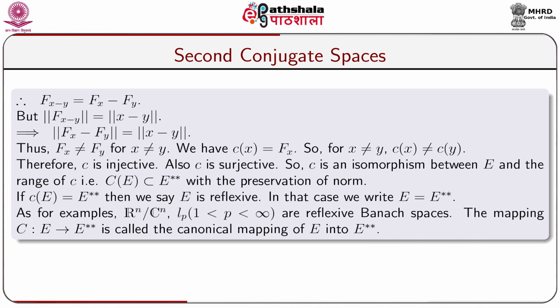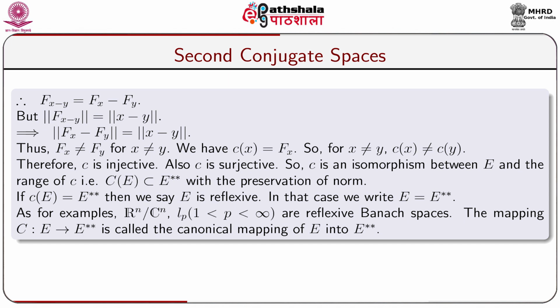Now, for the normed linear space Lp, where 1 less than p less than infinity, we have seen in module 1 the first conjugate space of Lp is Lq, where 1/p plus 1/q equals 1. Again, if we take the conjugate space of Lq, we see it is also Lp by the relation 1/p plus 1/q equals 1.